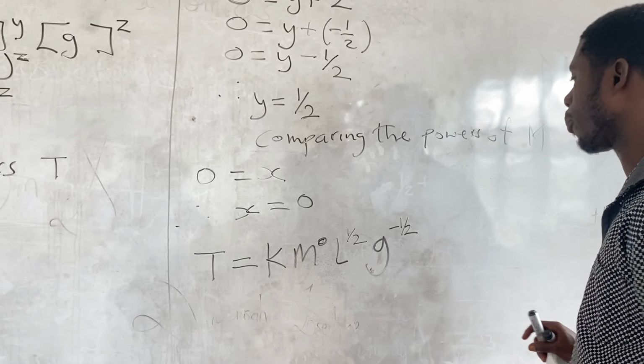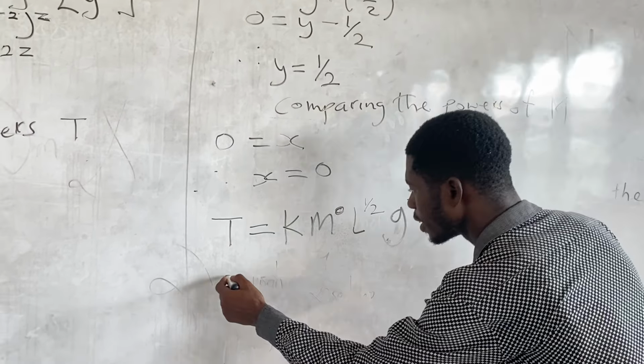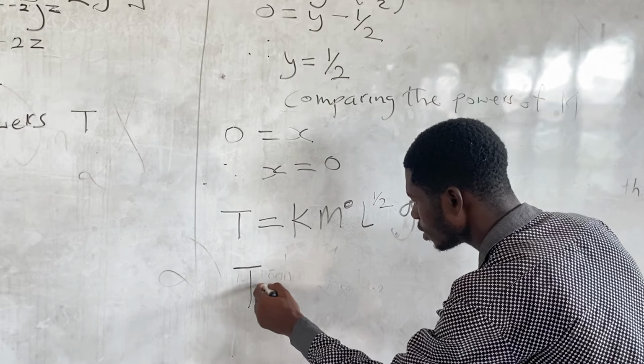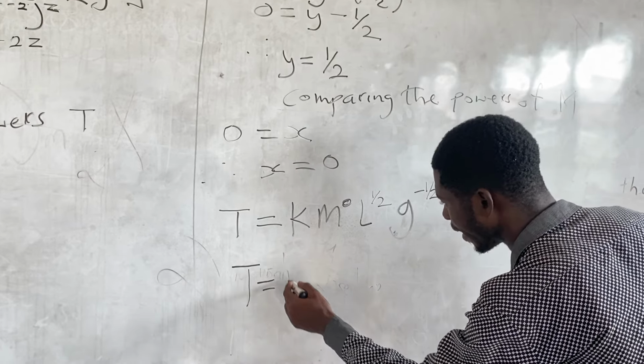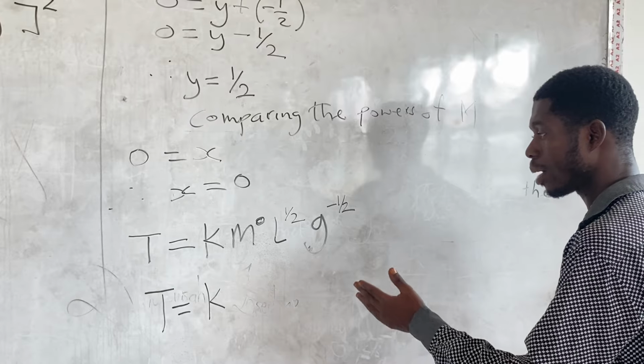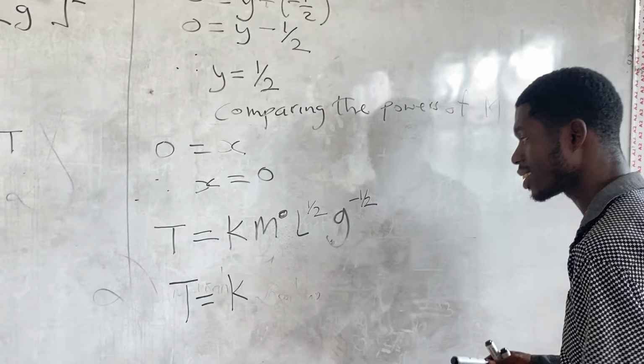But you want to write it properly. So you get T equal to K, the constant. Then you know that any number raised to the power 0 is 1. So any number or alphabet raised to the power 0, you will get 1.